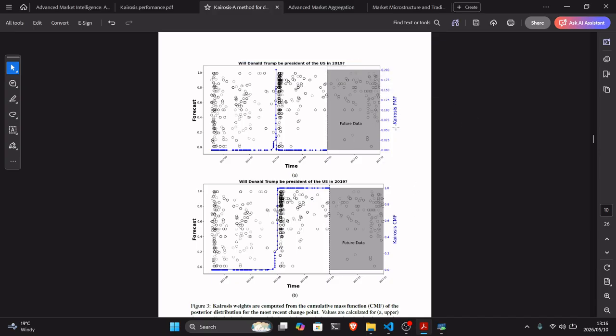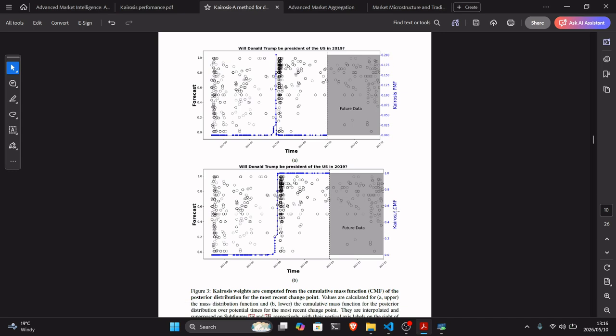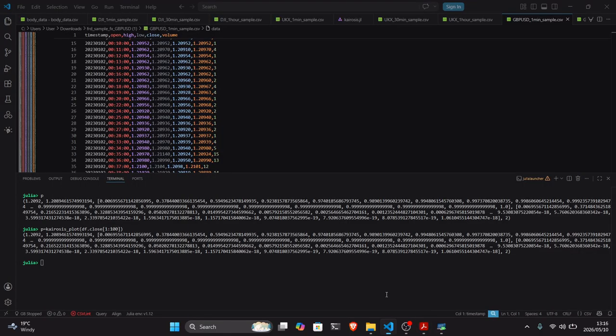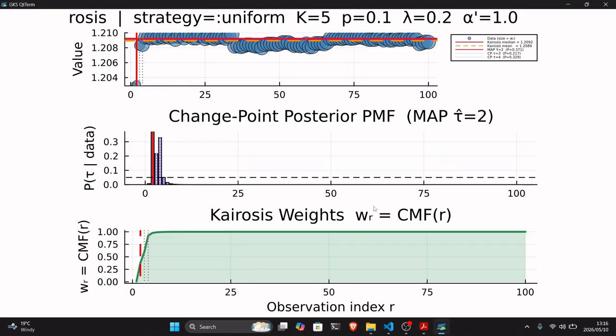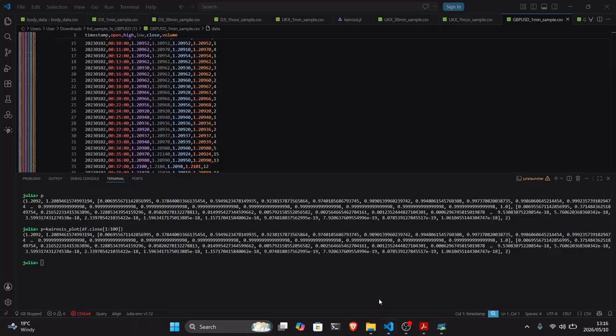Kairosis with a probability mass function essentially didn't do that well over time, but Kairosis with a cumulative forward-looking mass function did pretty well. But let's get into the code. I'm getting a little bit distracted. Here are the first 100 entries of our GBP USD data.